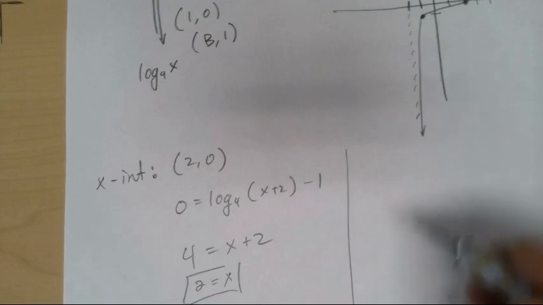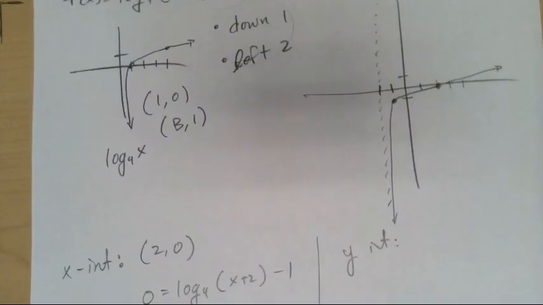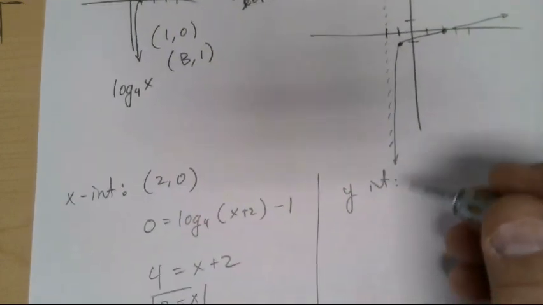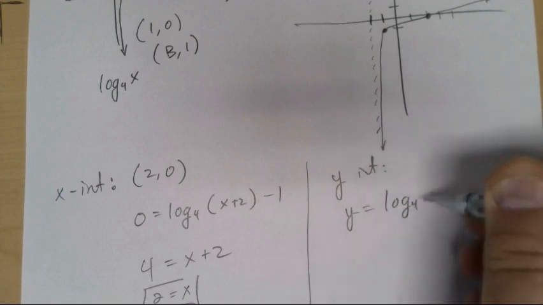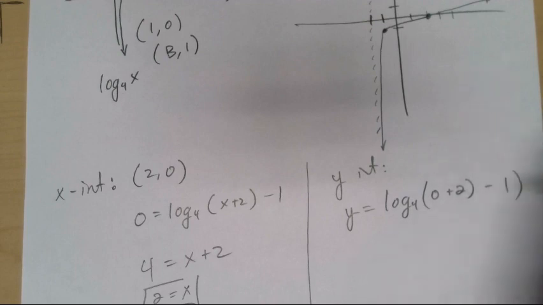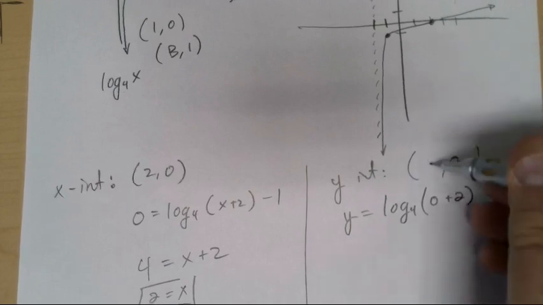Okay, the y-intercept. I know it's going to be between 0 and -1. I don't know what it's going to be, though. So I'm going to go y equals the log base 4 of 0 plus 2 minus 1, because I know the y-intercept is going to be 0 something.